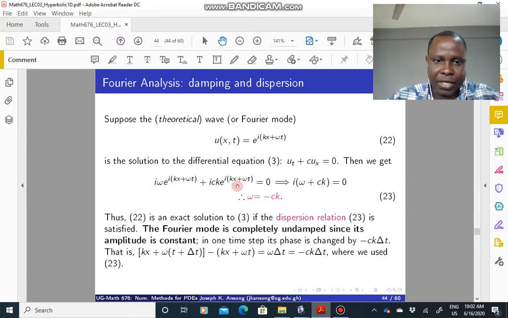With respect to x will give you this. And then finally, if you simplify, you get this expression here, equation 23. So this is actually a solution to the advection equation if equation 23 is satisfied. Equation 23 is often referred to as the dispersion relation.